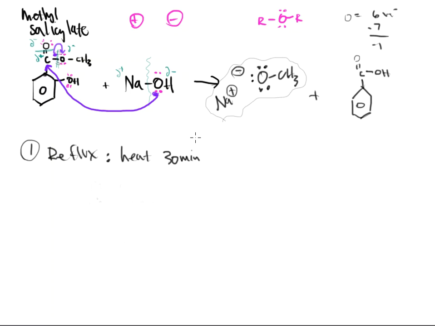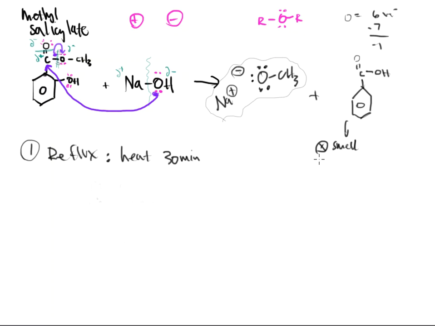The reason is that methyl salicylate smells like wintergreen, but salicylic acid doesn't have a smell at all. So you know that the reaction has gone to completion just by smelling it, using your nose. That's about it. Okay?